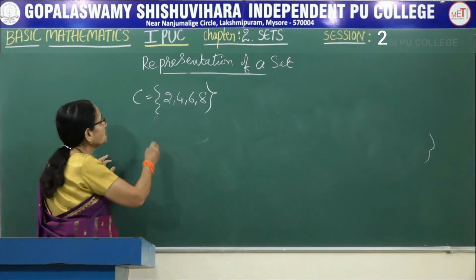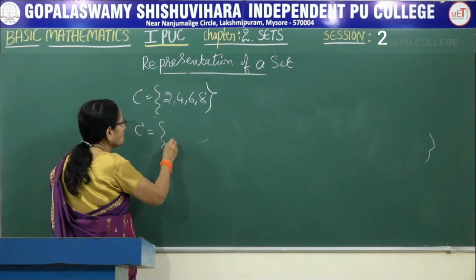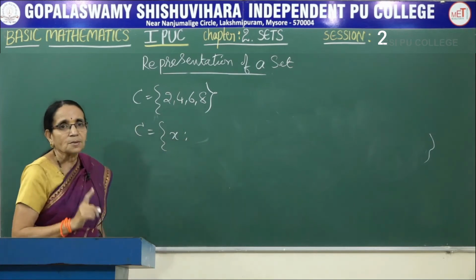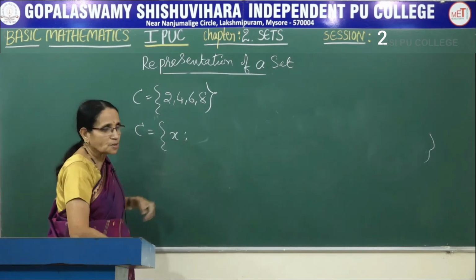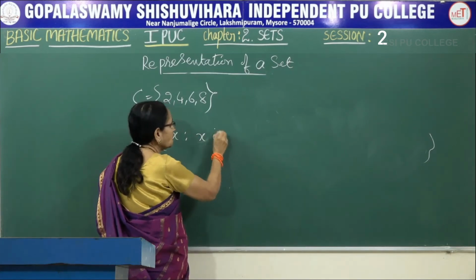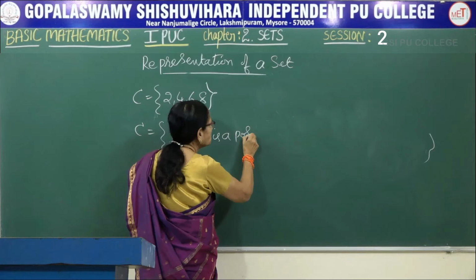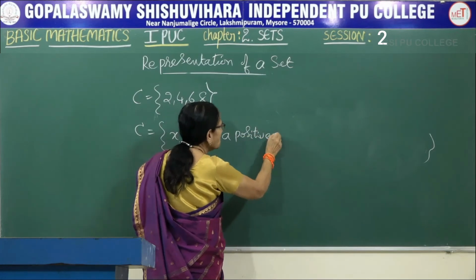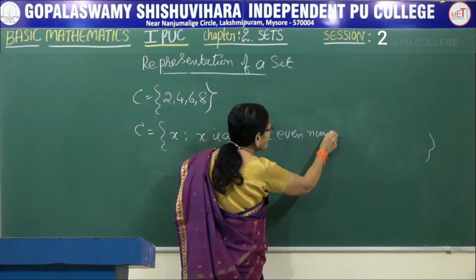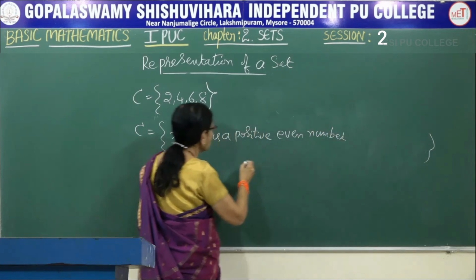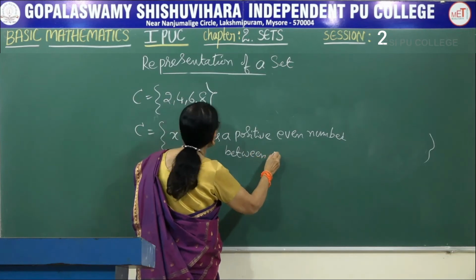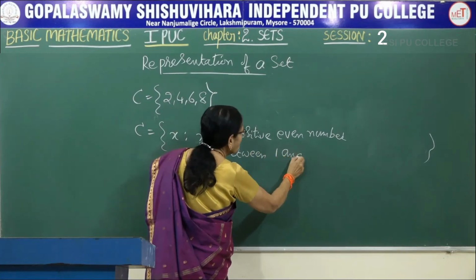How do you write it in the set builder form? You have to write C contains all x such that x is a positive even number between 1 and 9.